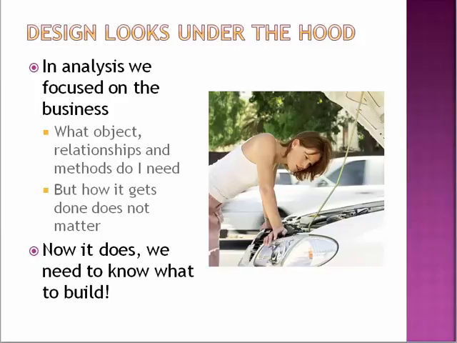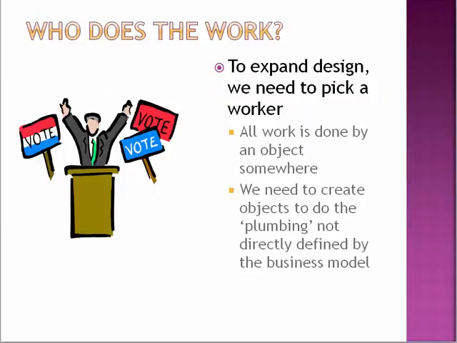In analysis, we focus on the business objects and what relationships, but we need to see details of making our system work. We've kind of been introducing that idea. Let's dive into that a little bit further. Let's make sure we understand the types of classes that we'd be expecting to see, because we need to pick a worker for every feature. We don't just have figureheads up front sitting there saying, hey, elect me.